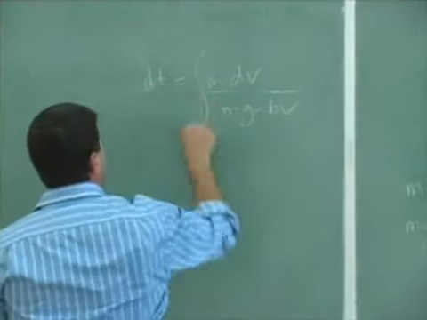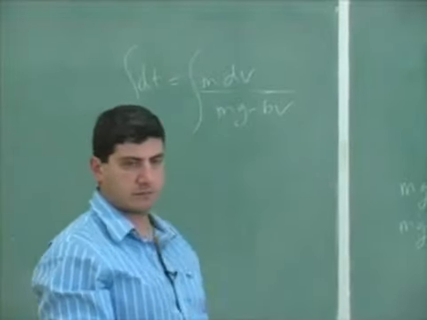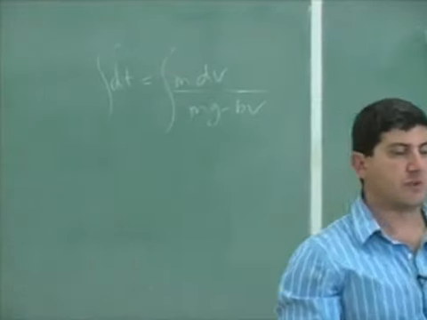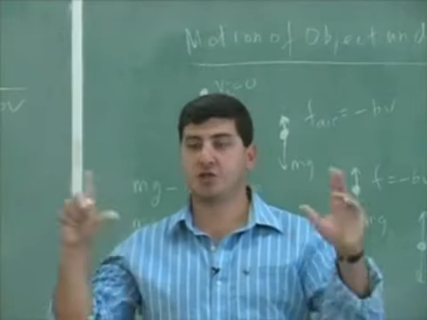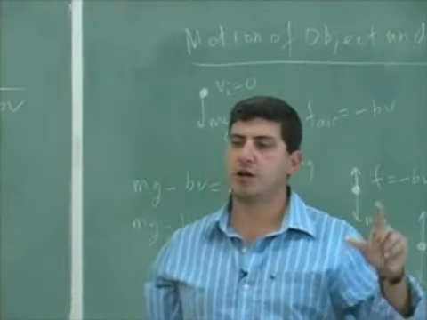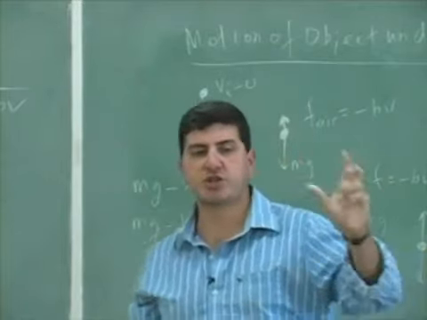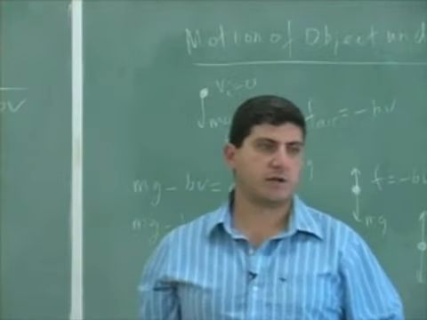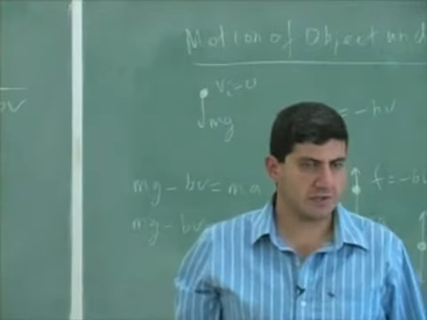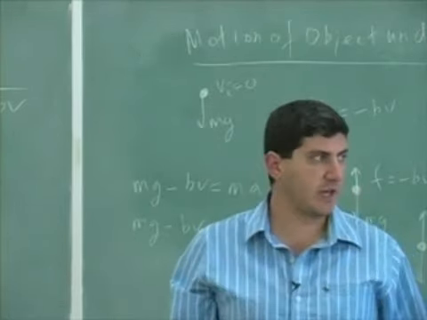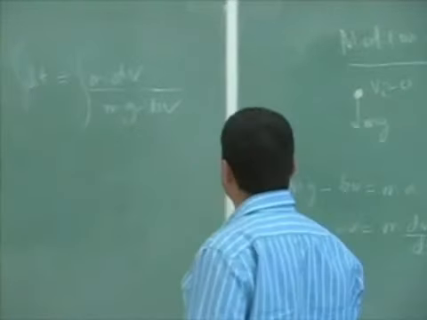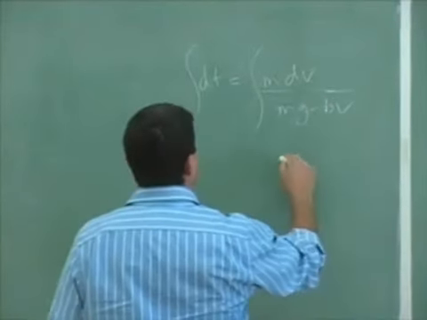And then we integrate. Okay? The reason why we're doing this is we want to come up with a general equation for how v changes as a function of t for an object that is undergoing free fall in the influence of air friction. So v as a function of t.